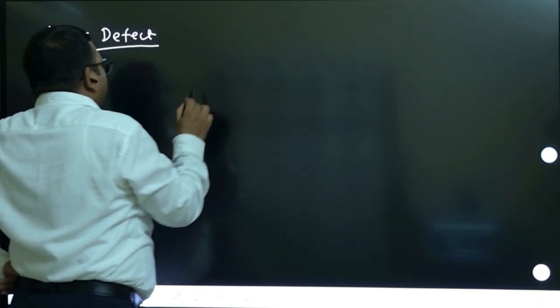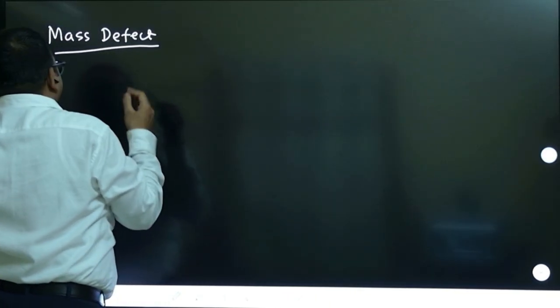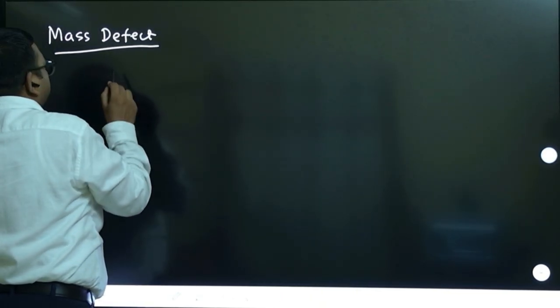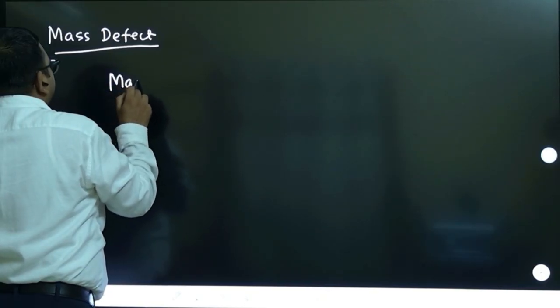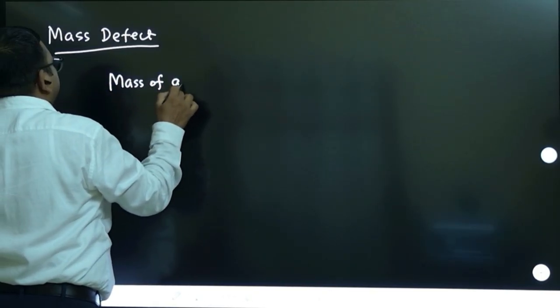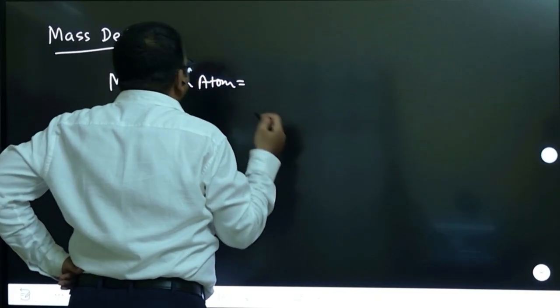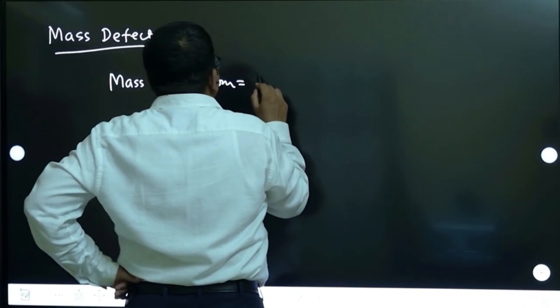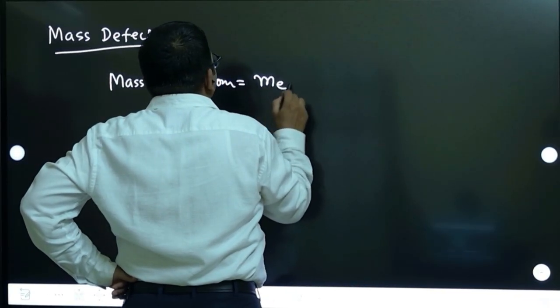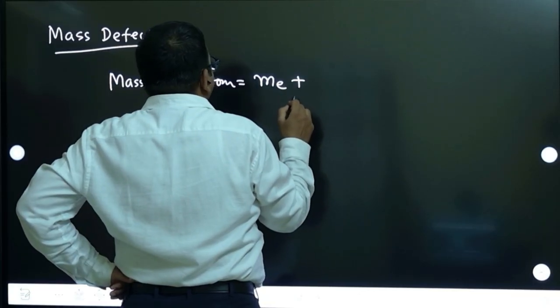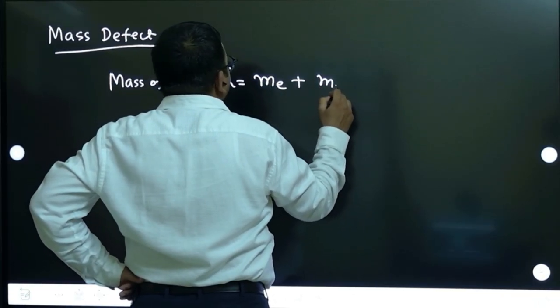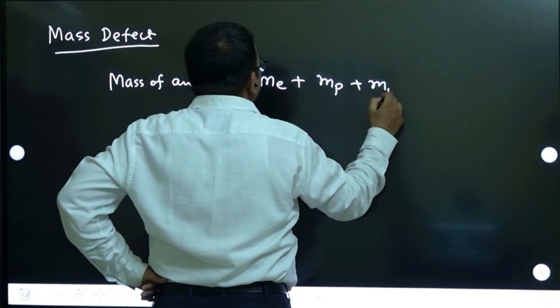Suppose you take the total mass of a nucleus or the mass of an atom. Mass of an atom is mostly due to the mass of the nucleus. Mass of atom is mass of electron plus mass of proton plus mass of neutron.